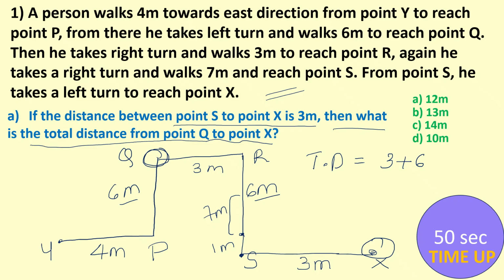It's not 6 actually, its total is 7, correct? So 7 plus 3 is 10, and plus 3 makes 13 meters. So 13 meters is the correct option. So B is the correct option. Hope you got this correct.